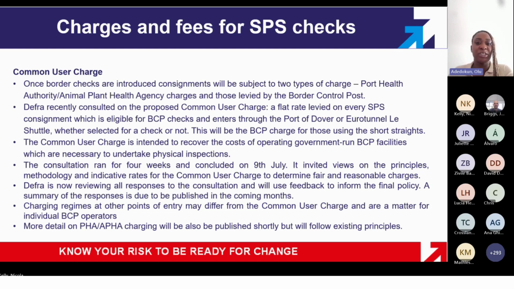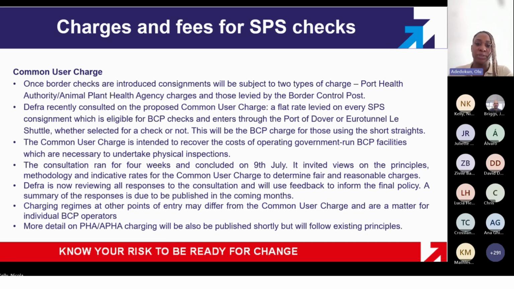This will be the BCP charge for those using the short straits. The common user charge is intended to recover the cost of operating government-run BCP facilities, which are necessary to undertake physical inspection. The consultation ran for 4 weeks and concluded on the 9th of July. It invited views on the principles, methodology, and indicative rates for the common user charge to determine fair and reasonable charges.